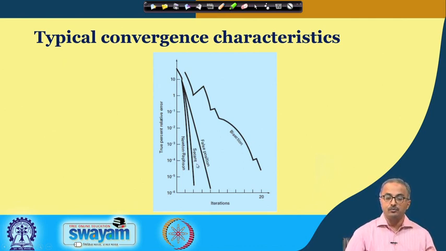On the contrary, if you look at the secant method or the Newton-Raphson method, we did not try to bracket the root. Here we find the convergence is much faster. So the secant method is giving faster convergence even than the regular falsi, and the Newton-Raphson method gives us the fastest convergence. Okay, so this is the typical convergence characteristics of these four methods.